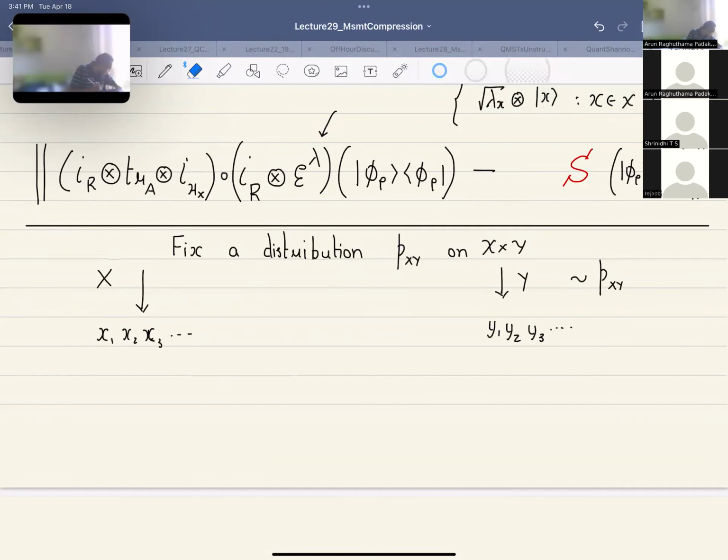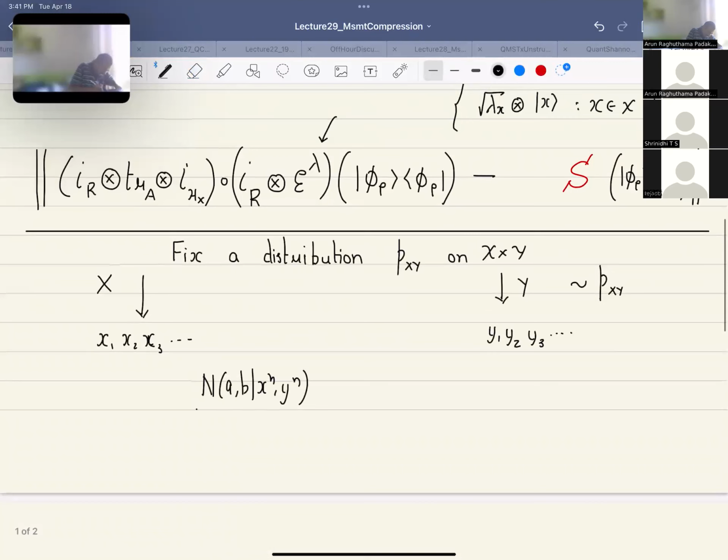So they compute this, and they will observe that this is similar to PXY, right?